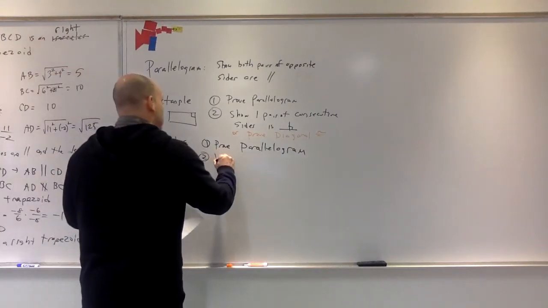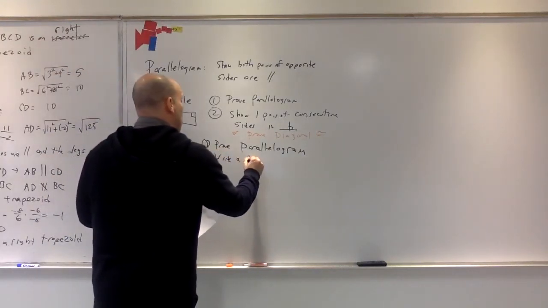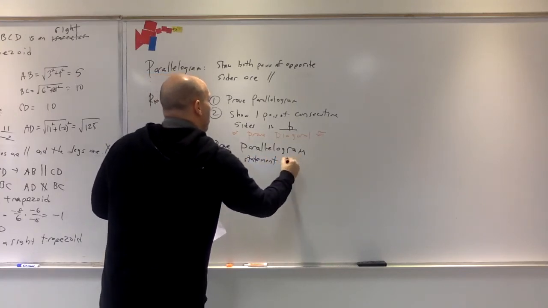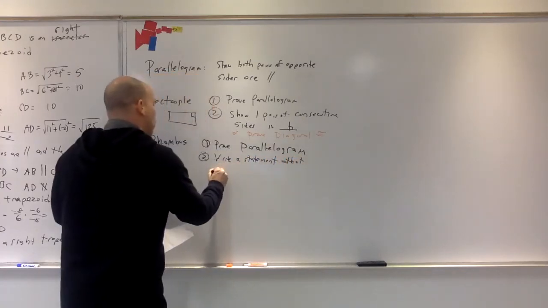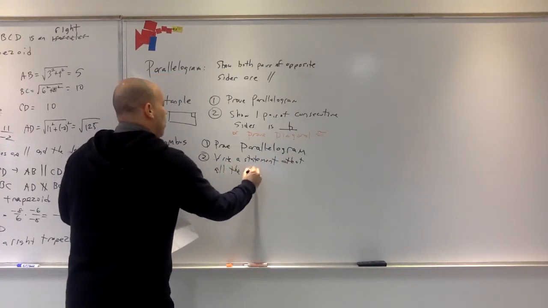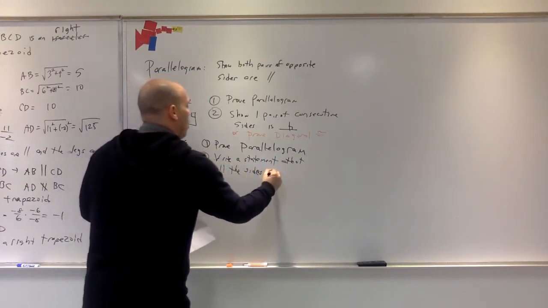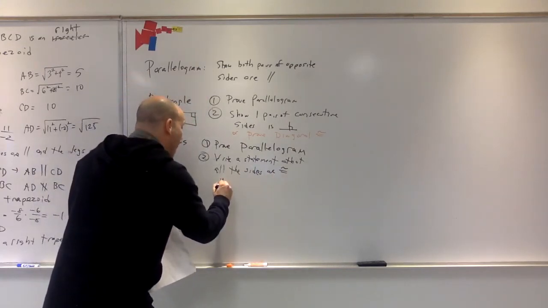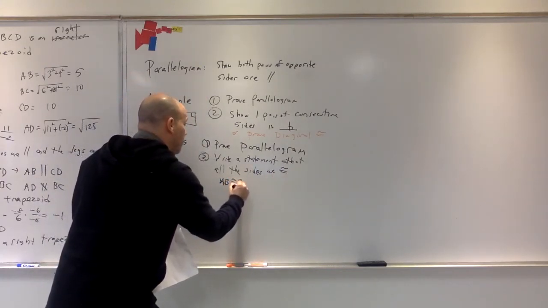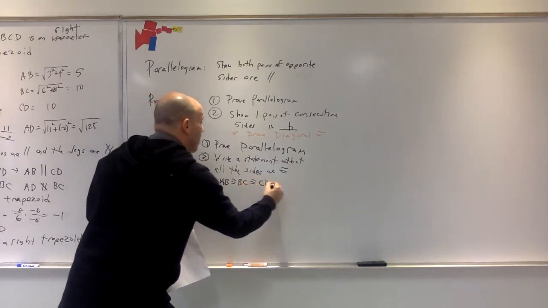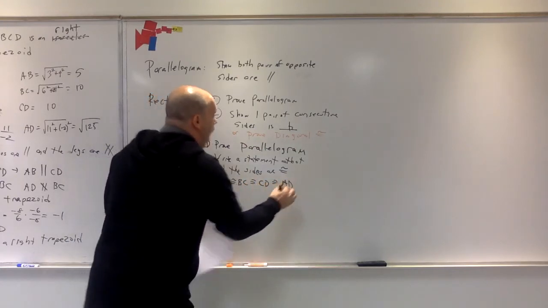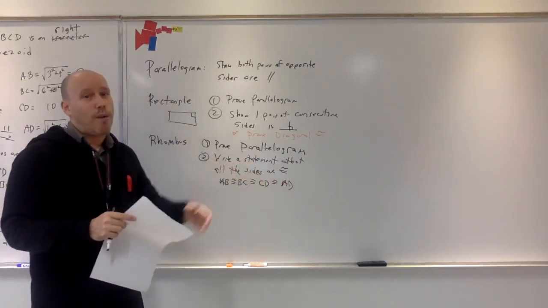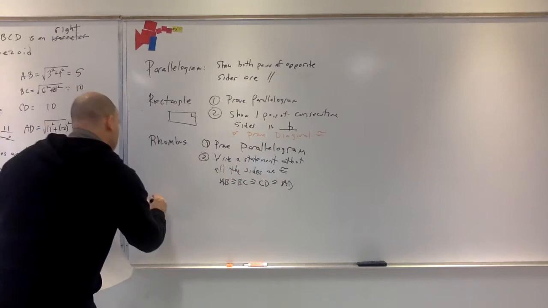Just write a statement that all the sides are congruent. I would want to see something on the paper that's literally like AB is congruent to BC, is congruent to CD, is congruent to AD. I would want to see something like this, and it would say, because all the sides are congruent, we have a rhombus.